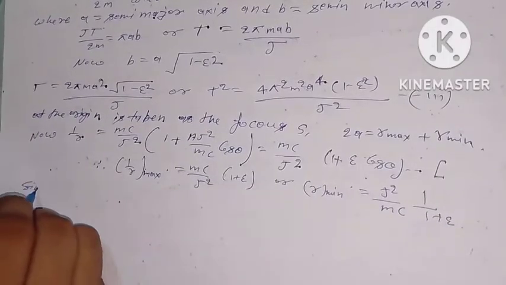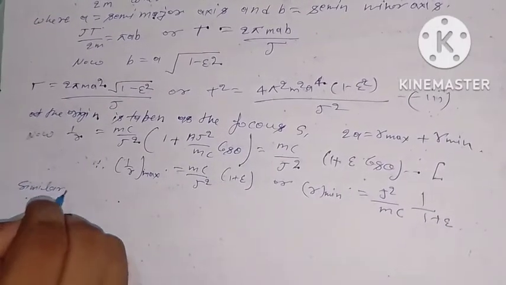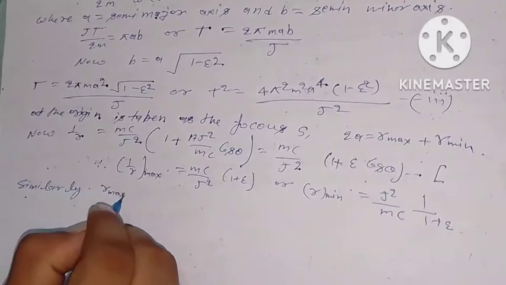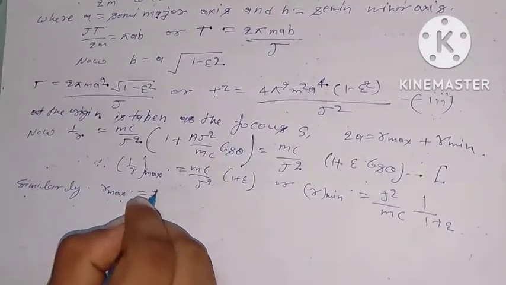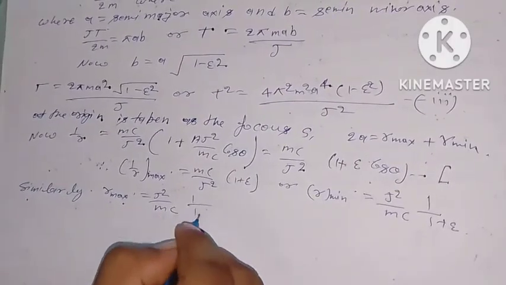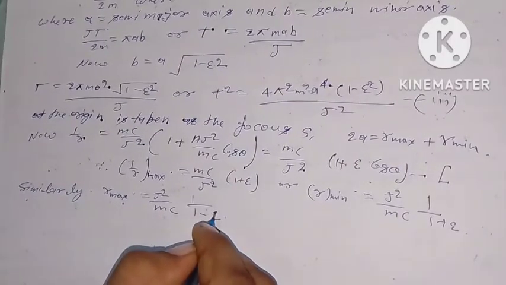Similarly r max equal to J square upon mc into 1 upon 1 minus epsilon.